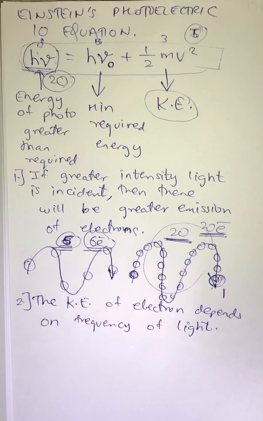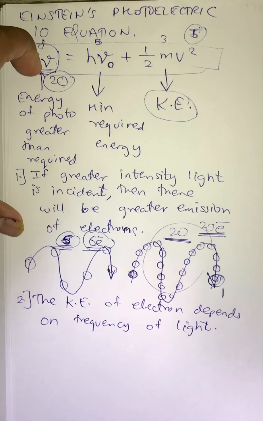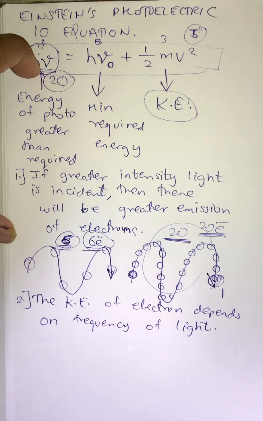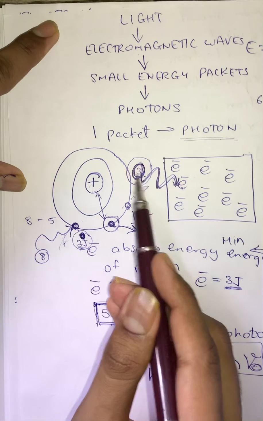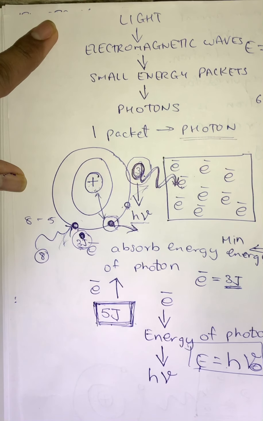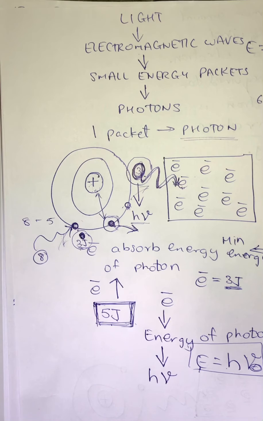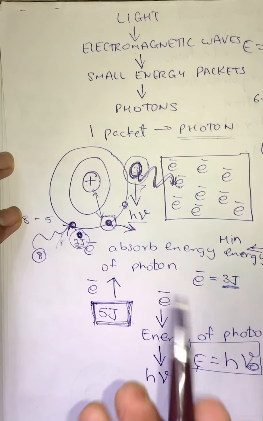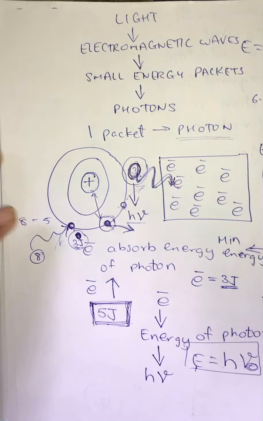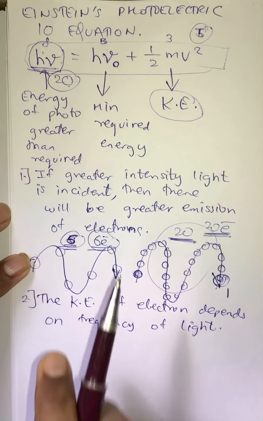And one thing I want to mention here is that if the electrons are not being emitted because of less energy, then it depends completely on the frequency, which means that frequency is responsible for the energy and it has nothing to do with intensity.